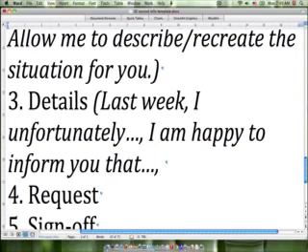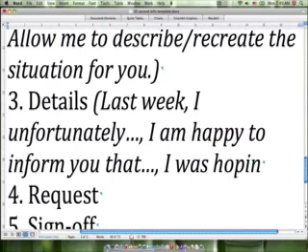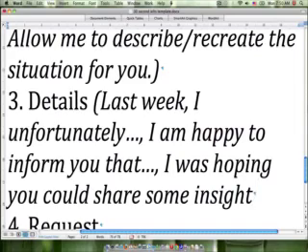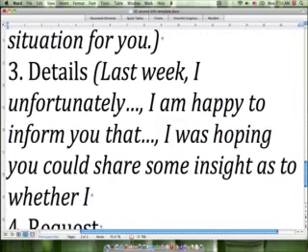Or I was hoping you could share some insight as to whether I should. Now this is in the case that you're asked to write a letter requesting some advice from somebody.